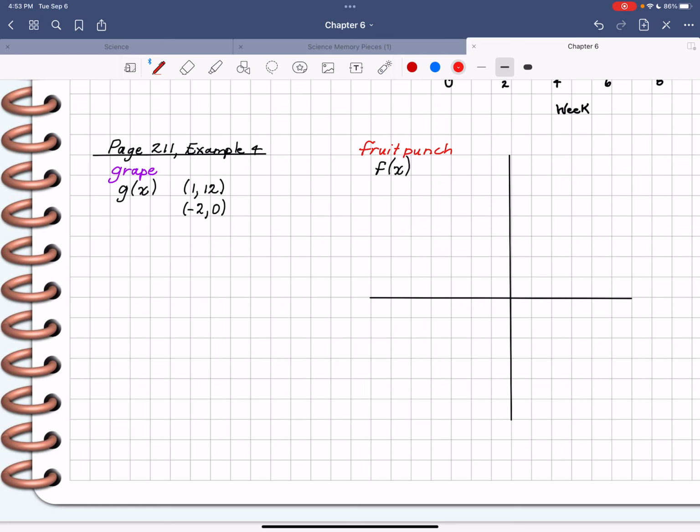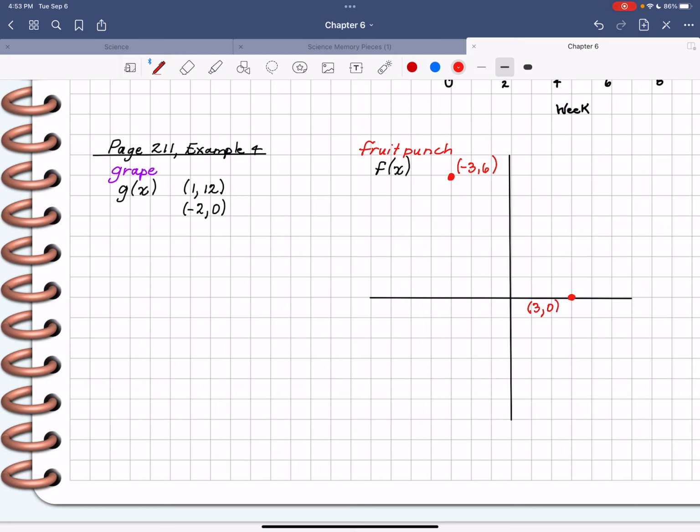So on the fruit punch function, f of x, here is the graph. We have a point at negative 3, 6. So negative 3, 6 is one of the points on the fruit punch function. And then 3, 0 is another point on the fruit punch function.